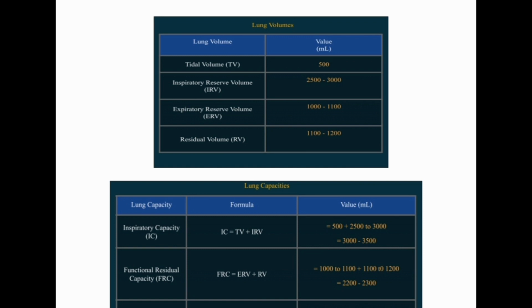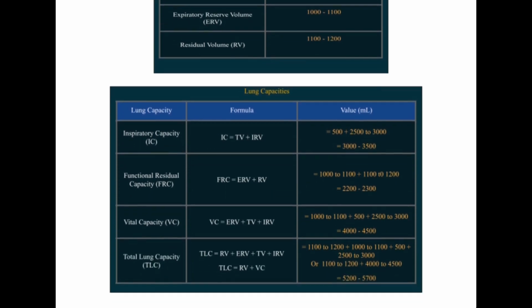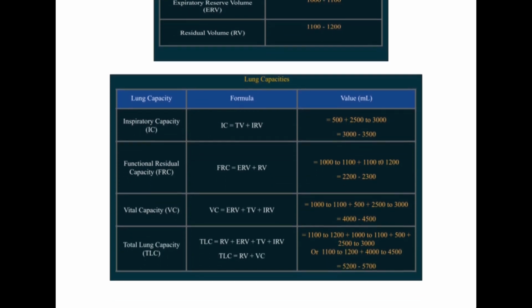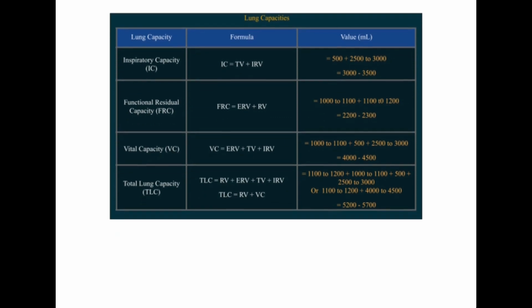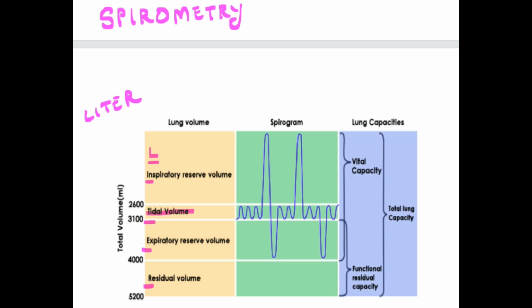The instrument which assesses the pulmonary functions, which is very important clinically, is known as the spirometer. The spirometer is the device, whereas the spirogram is the representation of the lung volumes. In a spirogram, the upward deflection corresponds to inspiratory volumes, whereas the downward deflection corresponds to expiratory volumes.